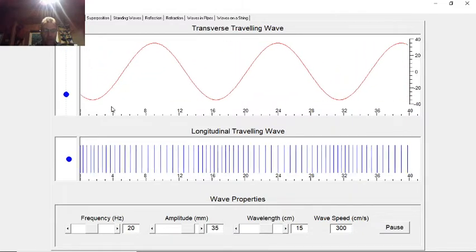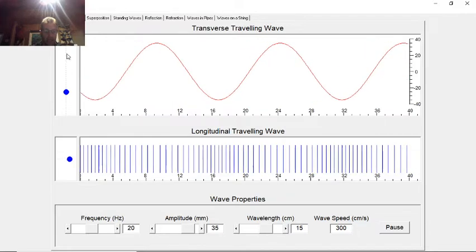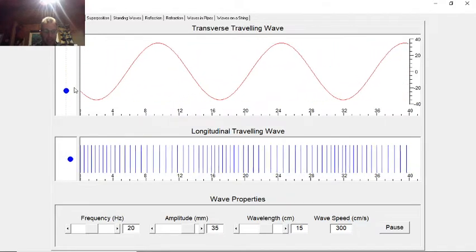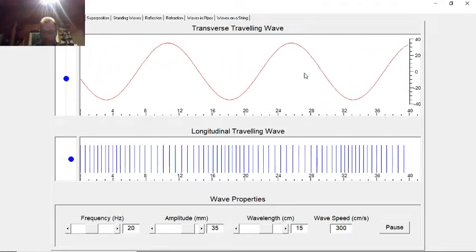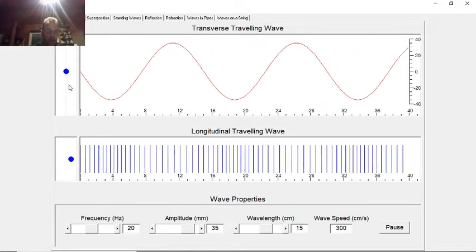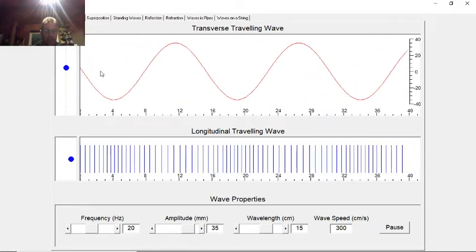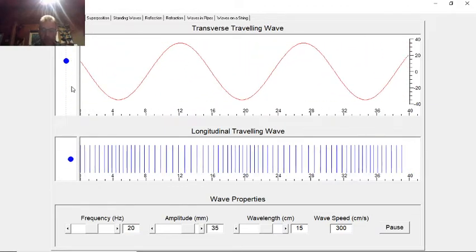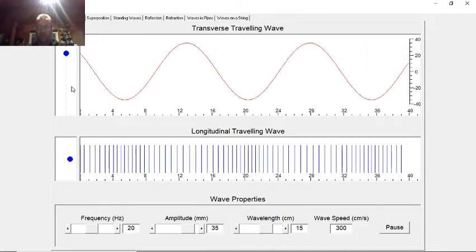Transverse waves are when you have something oscillating perpendicular to the direction of the wave. So you can see waves going left to right on my computer screen here, and the particles vibrating vertically up and down. Therefore, we define a transverse wave as vibrating perpendicular to the direction of the wave.